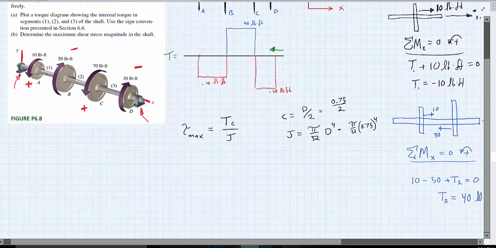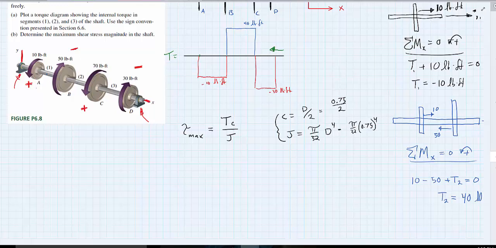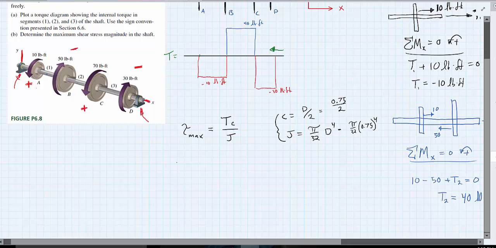And so for the entire shaft, these two values are constant because it's continuous. It's the same member, same material, same diameter all the way through from member 1, 2 to 3. So for tau max, the only thing that changes is the torque at each location.